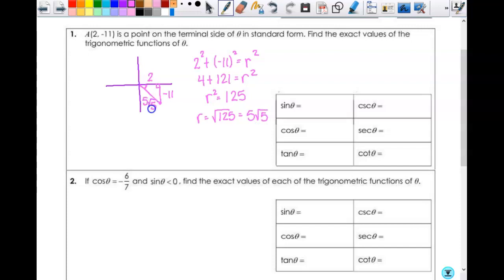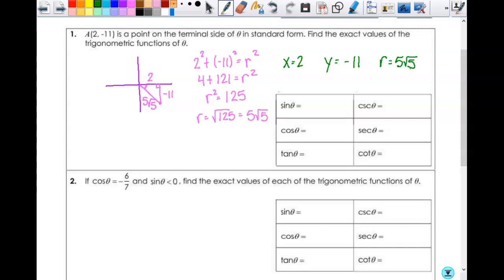And the radius is never negative, so you don't even have to question that. All right, so then I'm going to write out my little list here. So I know that x is 2, y is -11, and r is 5√5.